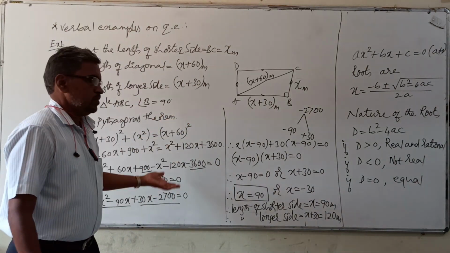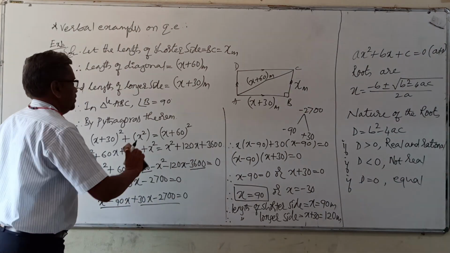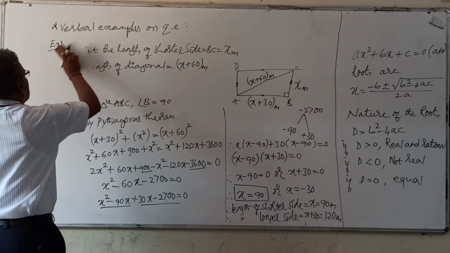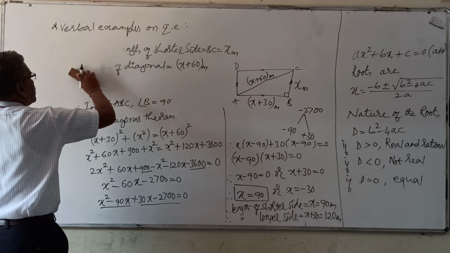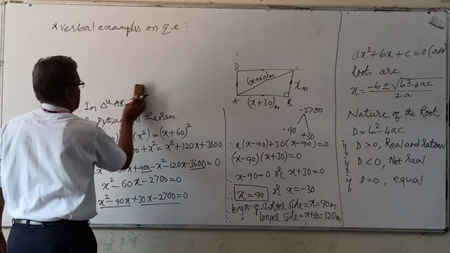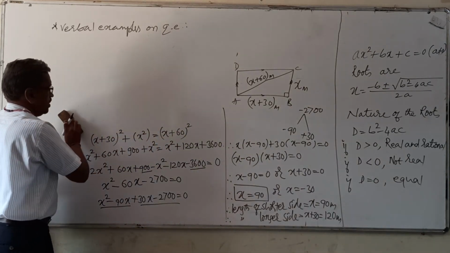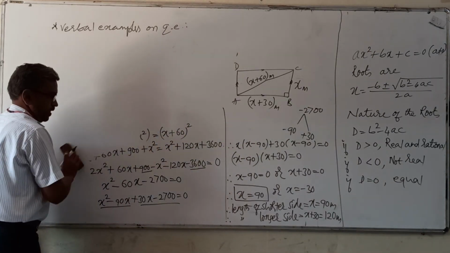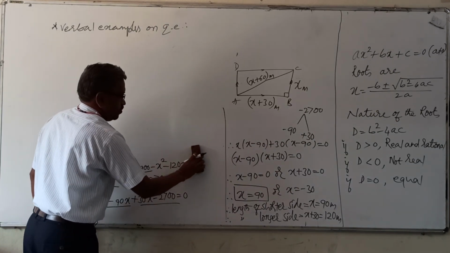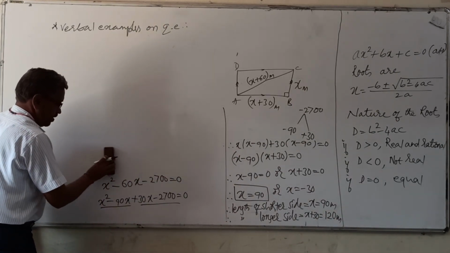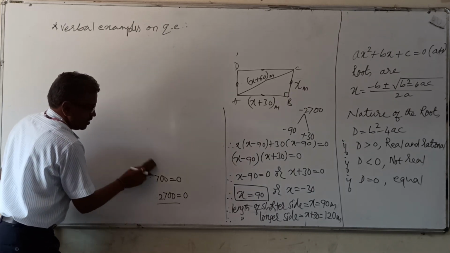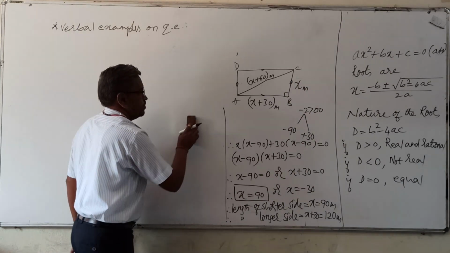So these are the steps. Here the important point is to put in relation, try to bring in standard form, then apply any one of the methods. Always we are having a formula, you can use the formula at any time. If factorization is easy, at that time no need to use the formula.